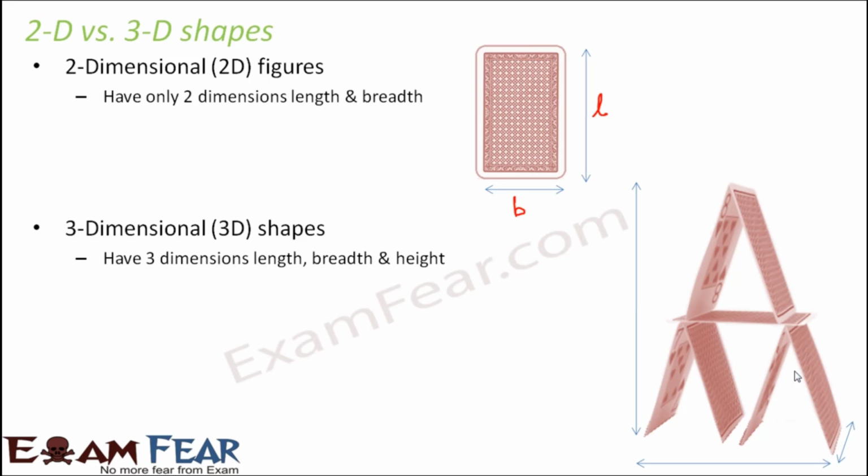So what do we understand from this? That many 2-dimensional objects together can form a 3-dimensional shape. In simple words, 2-dimensional means you only need 2 parameters to define the size of that object. 3-dimensional means you need 3 dimensions or 3 parameters to define the size of that object.